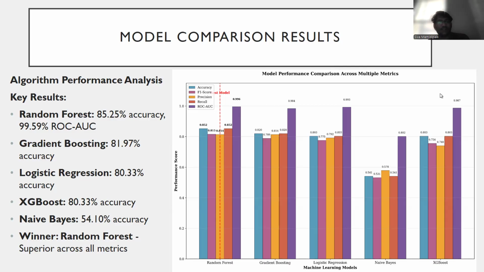The other models like gradient boosting and logistic regression are not up to the mark as the random forest. So random forest is better, and even in the F1 score, random forest gives the best results.